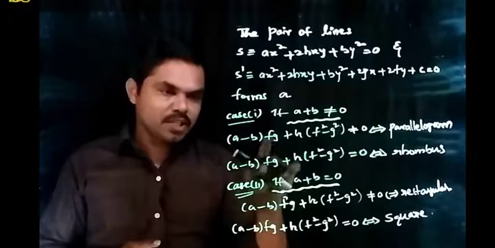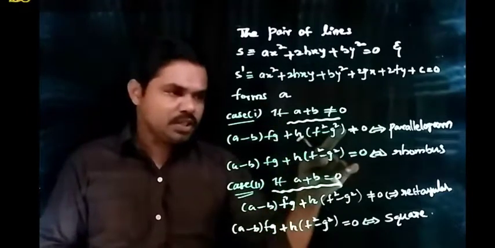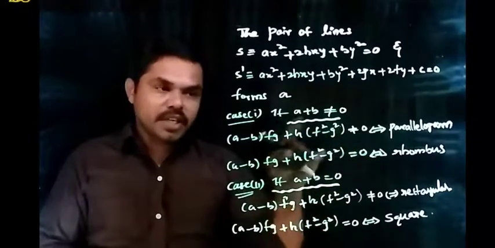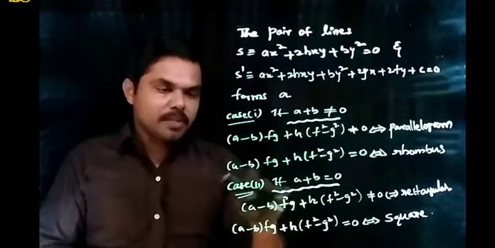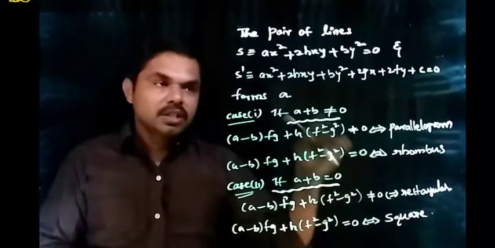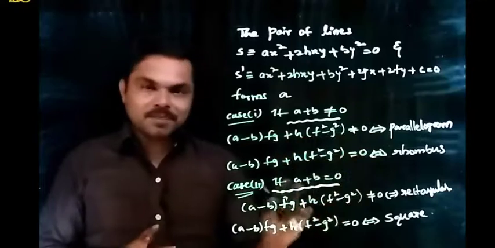a minus b into fg plus h into f square minus g square is not equal to 0. It is a parallelogram, in the case a plus b not equal to 0. In the same way, in case this value a minus b into fg plus h into f square minus g square is equal to 0, the two pairs of straight lines form a rhombus.